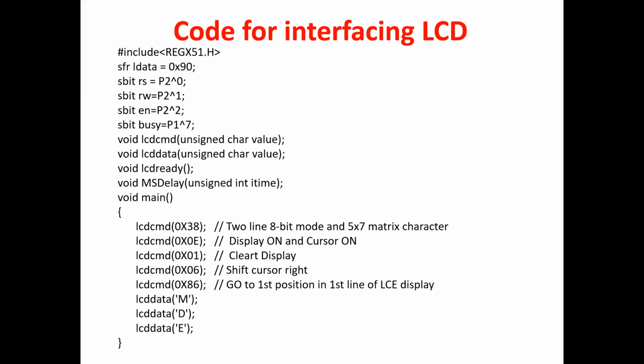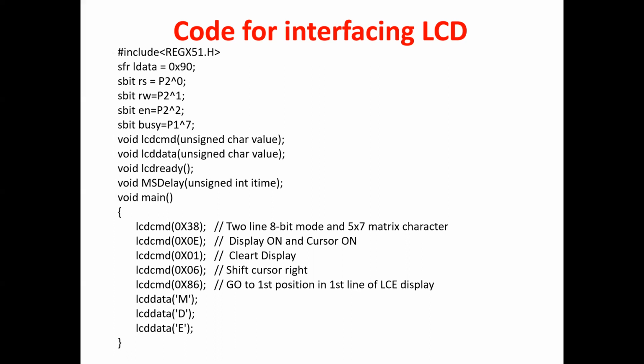Now coming to the main program. First we need to initialize our LCD. There are different kinds of LCDs available, so you need to specify which kind of LCD you are using, which is not data to be printed.